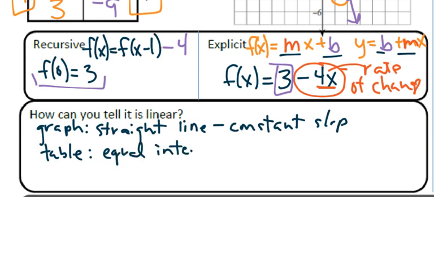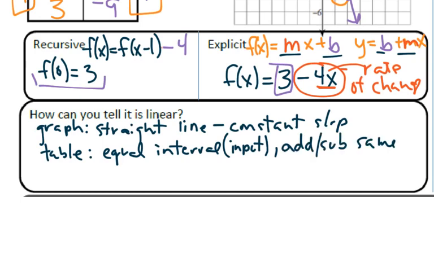That plus 1 on the left side in the output, or input. And then the constant differences, or adding or subtracting the same number. The same number in the output. Okay?